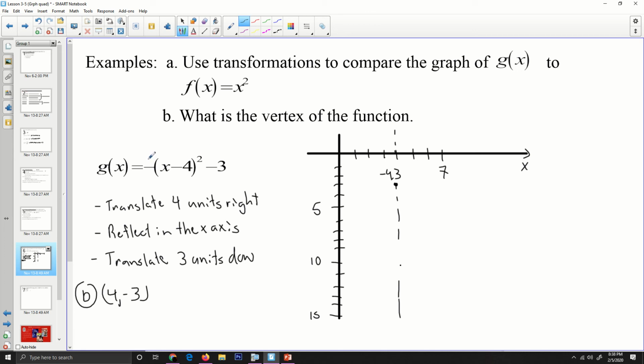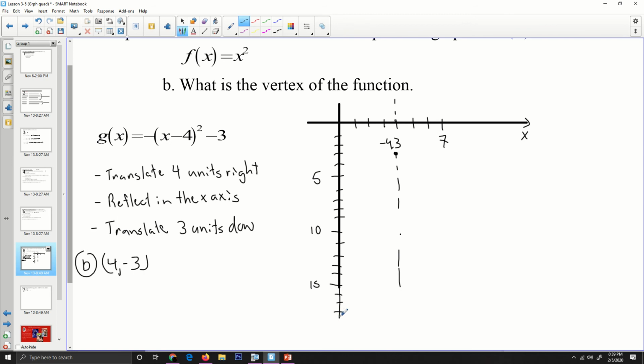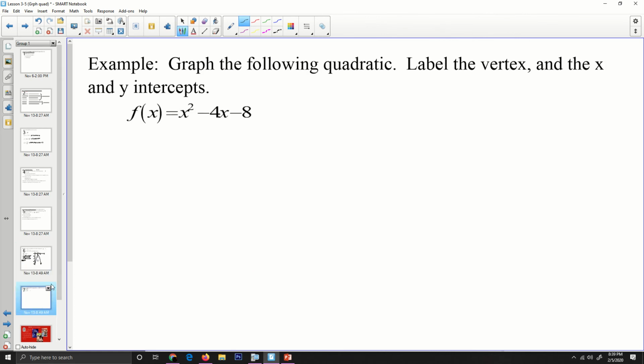Make that negative, I get -16. -3 is going to be -19. So I actually need to bring this down 16, 17, 18. I'll have to go even further. There's -19, -20. So the curve of this graph is going to look like this. And then on the other side, it's also going to go down like that. All right, so let's talk about this last one.